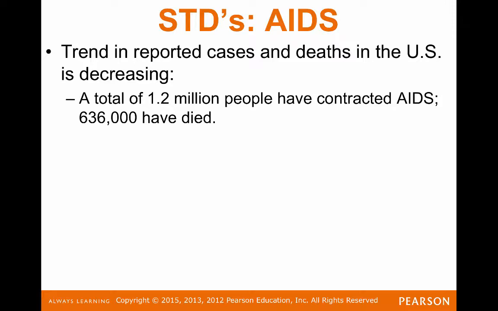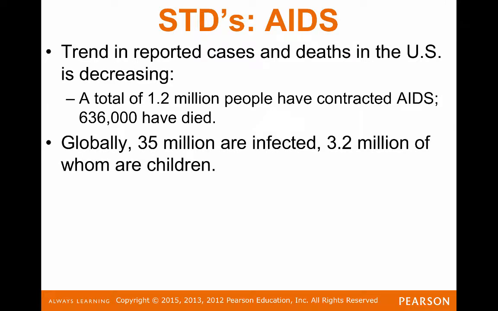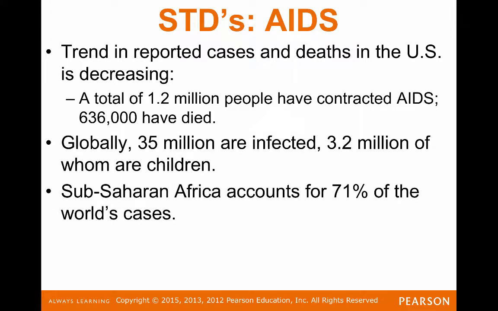Globally, 35 million people are infected, and 3.2 million of whom are children who were born to someone who was infected themselves. This is a gendered issue as well because it affects women more than men, and it's definitely a globalized issue as sub-Saharan Africa accounts for 71% of the world's cases. So if you look at the situations there, why in sub-Saharan Africa? Well, the rights and status of women means that they are not allowed to use contraception or birth control or abortion or things of that nature.